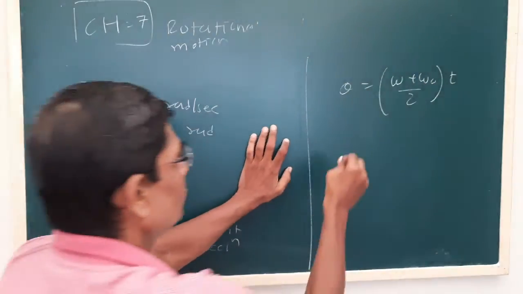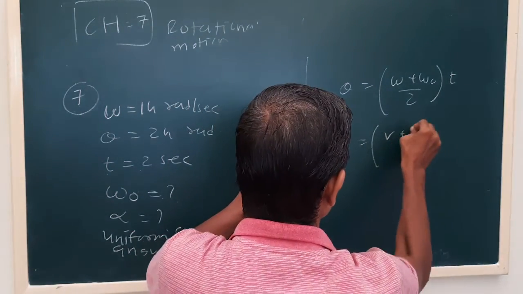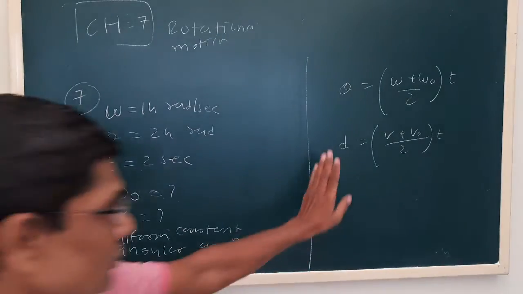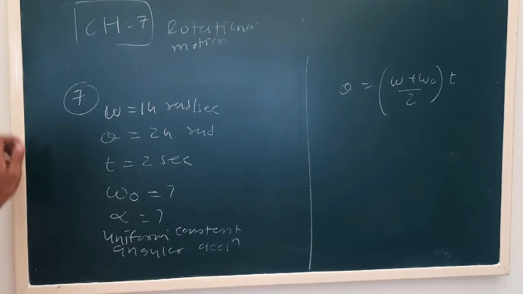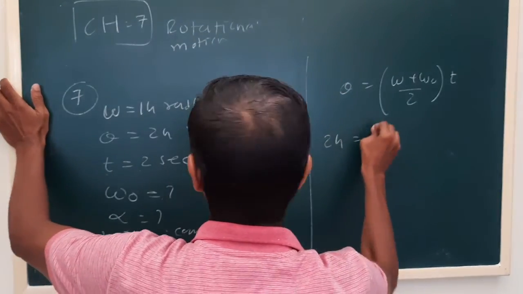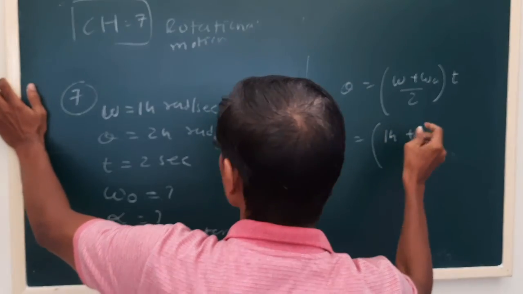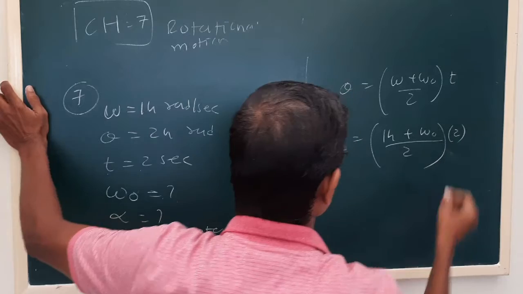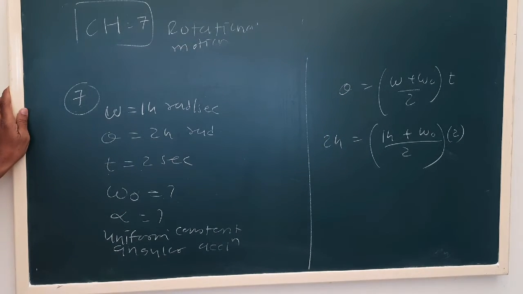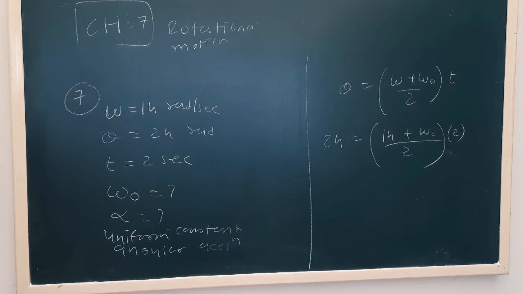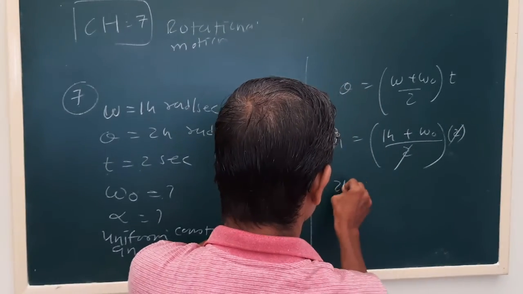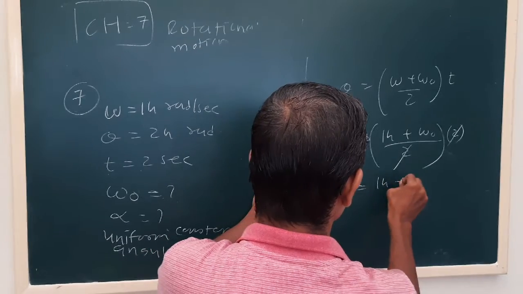See, this is similar to what we have studied in linear motion. Okay, now theta is given as 24 radian, omega is given as 14, omega 0 we have to obtain. So this will be cancelled. 24 is equal to 14 plus omega 0.